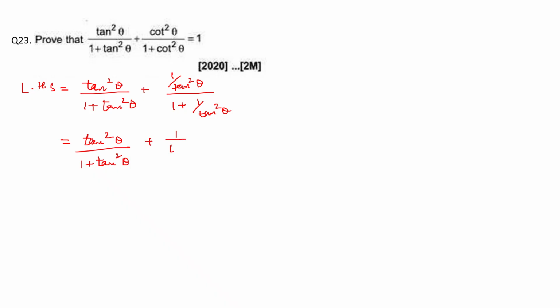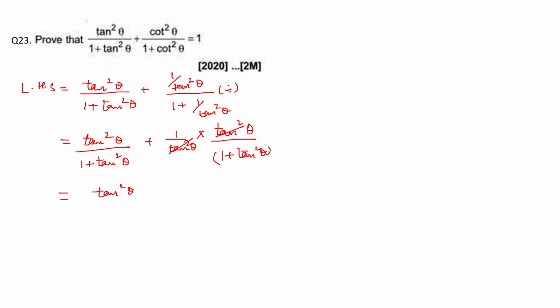So tan square theta by 1 plus tan square theta, plus 1 by tan square theta into, if you take LCM here, it will become 1 plus tan square theta. And as it is a division, I am changing division to multiplication, so it will become tan square theta by 1 plus tan square theta. So it will get cancelled.